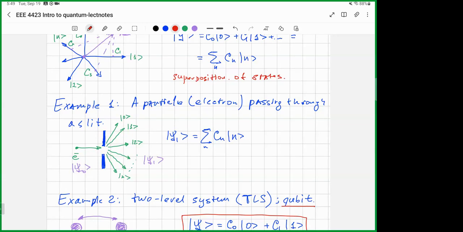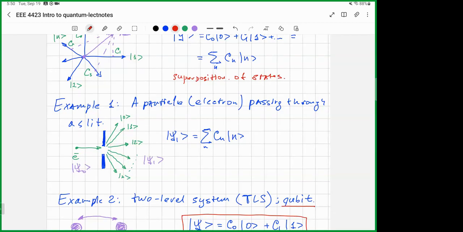But when we do so, we change the state of the system, and after the slit it turns into a superposition of all possible paths, path 0, 1, 2, etc. And of course, all these paths have different projections of the momentum, right?